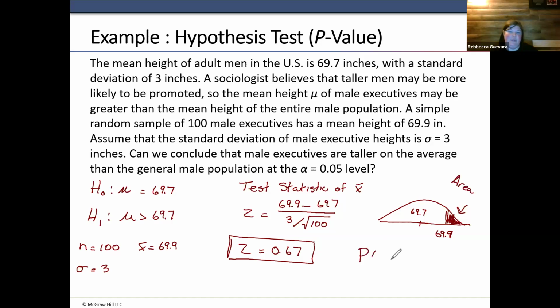What is the probability that I would collect a sample of men whose height would be larger than 69.7 inches? Or once again, what is the probability that my z-score, my test statistic, would be greater than 0.67? This requires us to go back and either use the z-tables or we can use the TI-84 to find this.